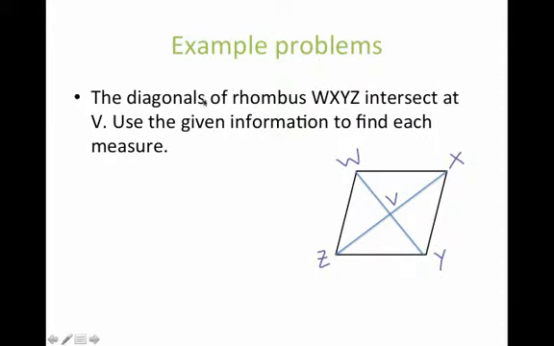In this example problem, the diagonals of the rhombus WXYZ intersect at V, and we're going to do a couple things. The first problem I want us to do is if the measure of angle WZX equals 39.5, then we're going to find the measure of angle ZYX.